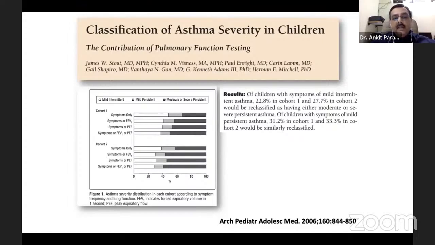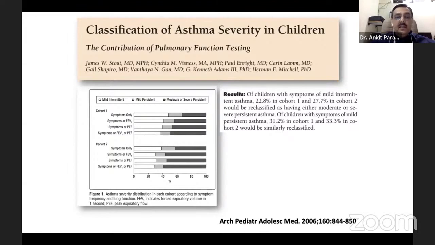Now, if you look at this data, this talks about two cohorts of children. What they were looking at is, if you look at only symptoms versus symptoms and lung function, what would happen to classification of asthma?